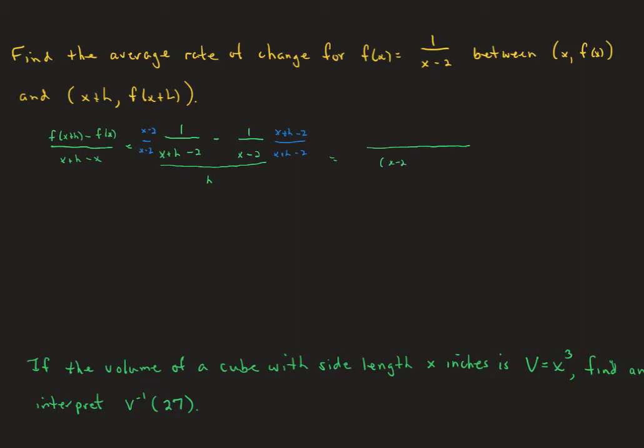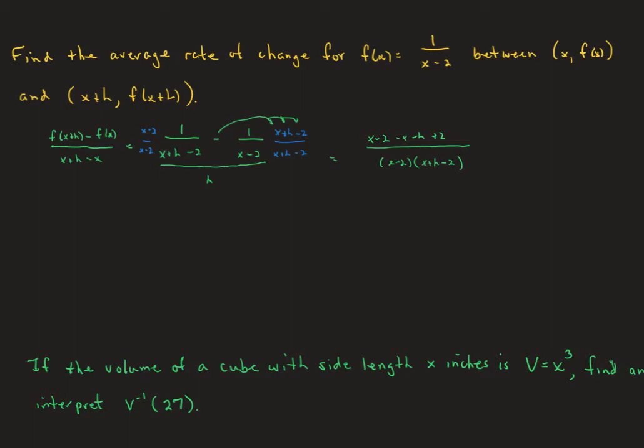It's going to now be an x minus 2 times x plus h minus 2 in the denominator. In the numerator, we're going to have an x minus 2, and then when we distribute that negative sign, that's going to be a minus x, a minus h, and a plus 2.